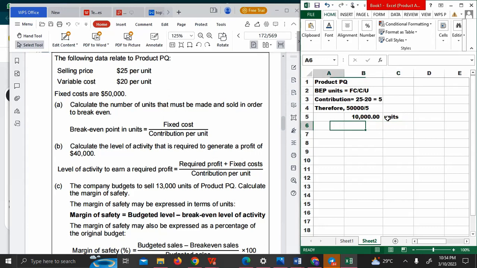So let's go to the second one. It is saying calculate the level of activity that is required to generate a profit of 40,000. Now the B part is saying targeted profit.